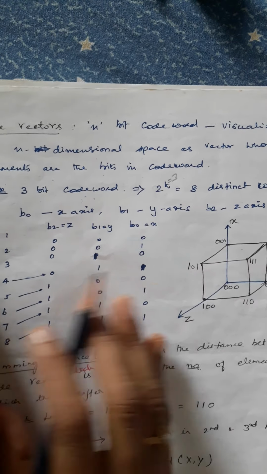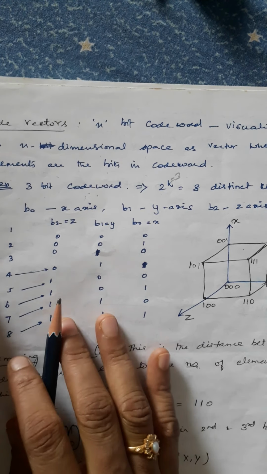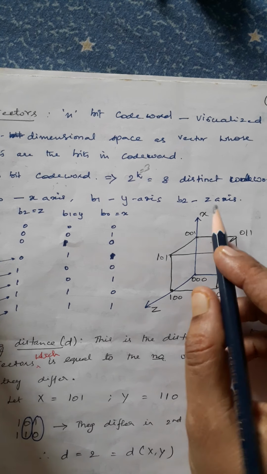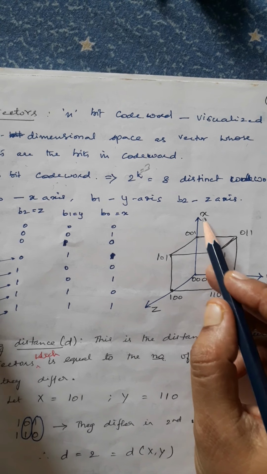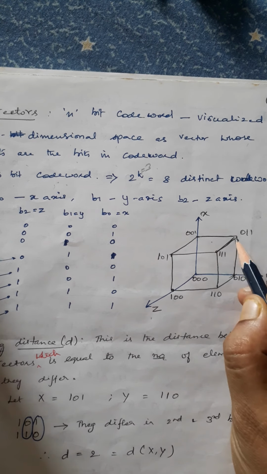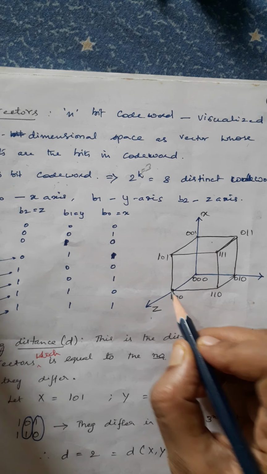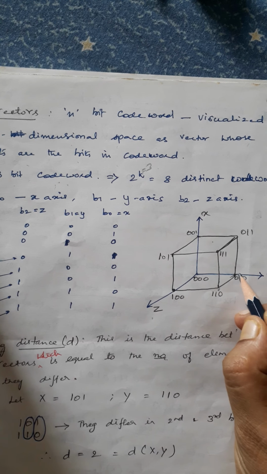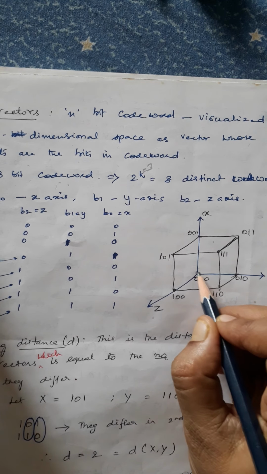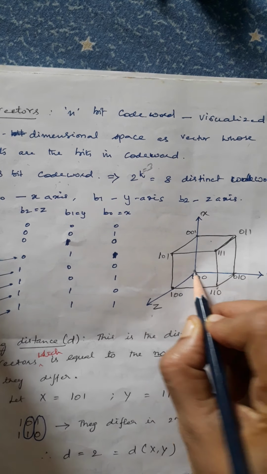So how can this be visualized in n-dimensional space? You are going to have a 3-dimensional, 3-axis space, 3D: x, y and z. So you have 8 possible combinations of the code word. The coordinate intersection point is going to be 1.